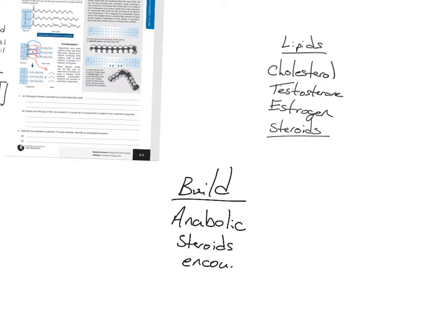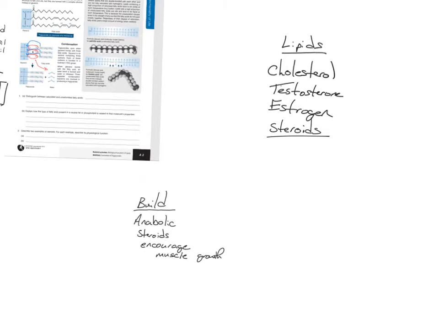Muscle growth. What they do, among other things, is they encourage you to build muscle, put more amino acids together, form more protein. That's what you're doing. But there's a second thing that you can do with them, and we all know this. So this would be condensation, right?